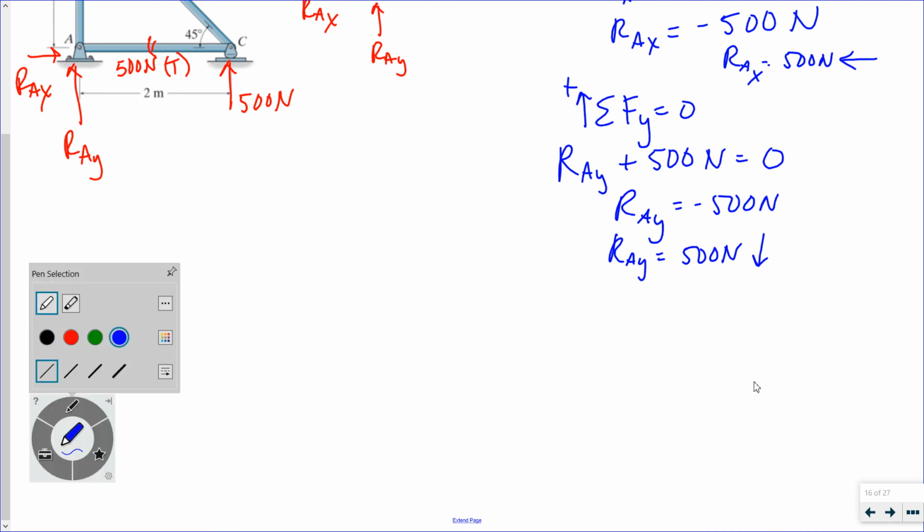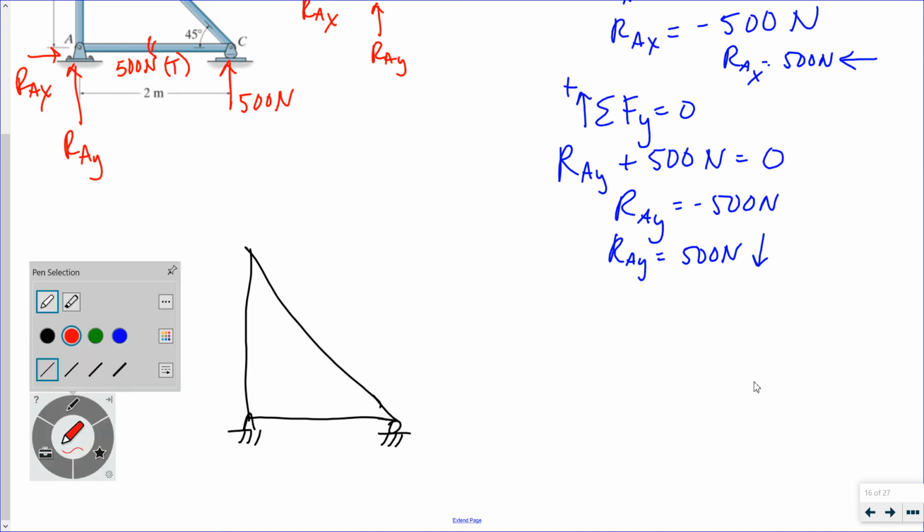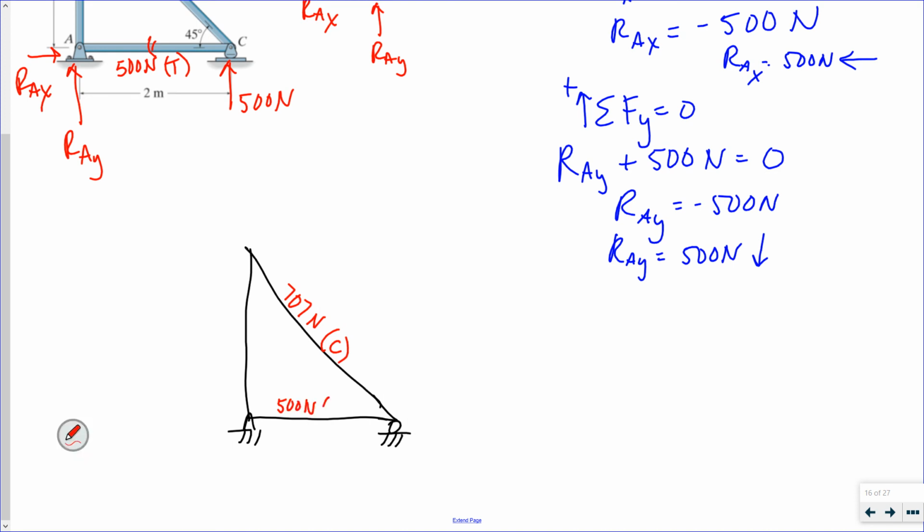So what is your final product? You draw your structure. And you write in the member forces, which is 707 newtons in compression, 500 newtons in tension, 500 newtons in tension. I'll add my load on there.